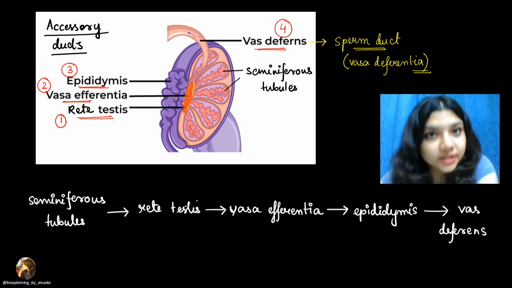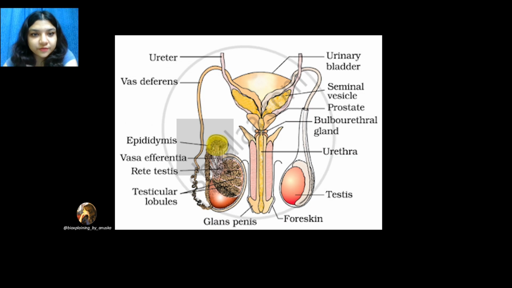So what have we seen? From the seminiferous tubules, the sperms go to the rete testis. From the rete testis, to the vasa efferentia. From the vasa efferentia, to the epididymis. And from the epididymis, to the vas deferens.